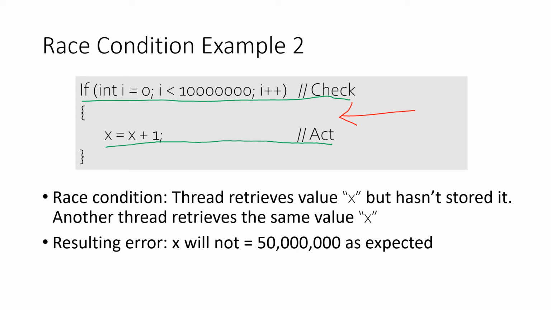So then thread 1 is now storing 8 at the same time as thread 2 is adding 1 to 7 again, giving the same result of 8 for the value of x. So now we see the problem of both threads storing the same value of 8, which will cause the result to come out not correct for the user's expectation. And we would expect a result of 50 million here, let's say, but we would not get that if the race condition occurred.